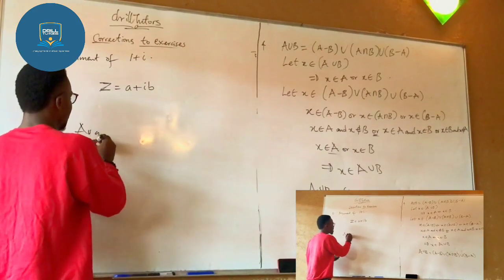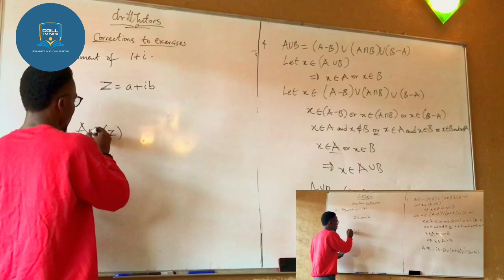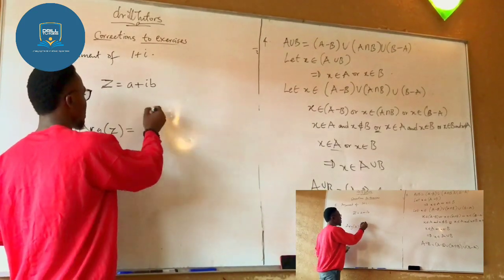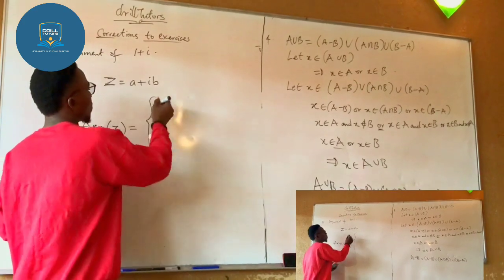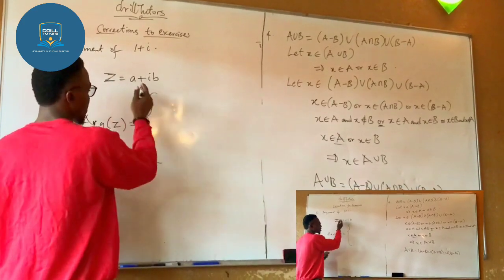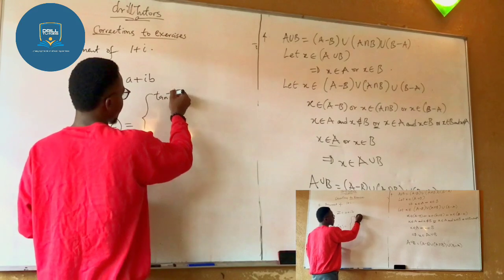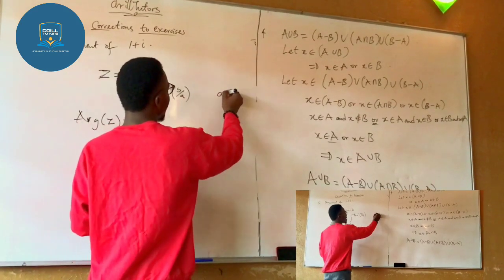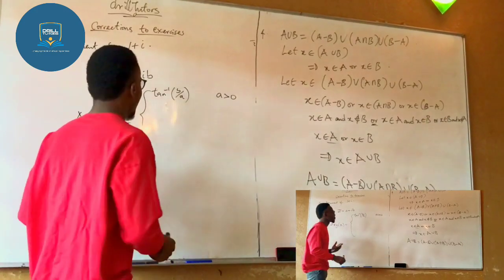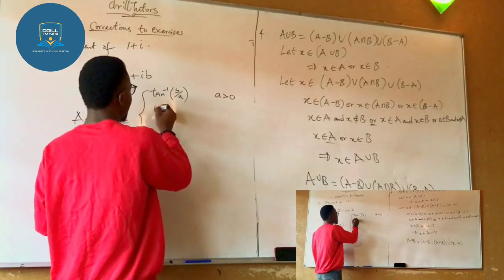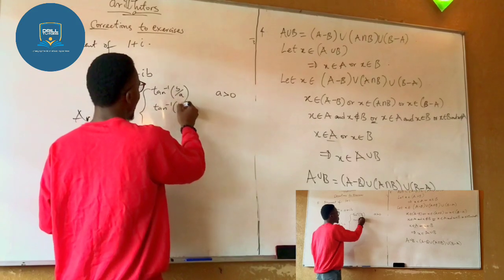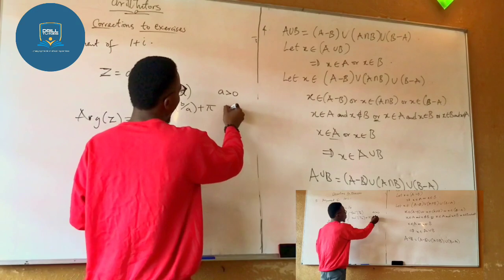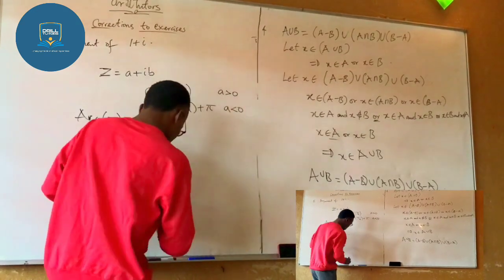The argument of Z has different values for different values of A and B. The value of the argument of Z is tan inverse of B over A when A is greater than 0. The value is tan inverse of B over A plus pi when A is less than 0.